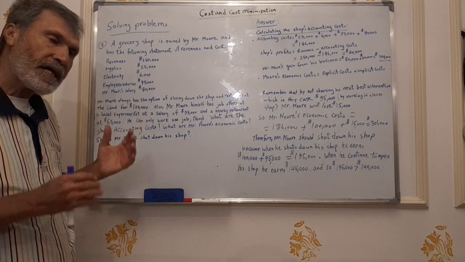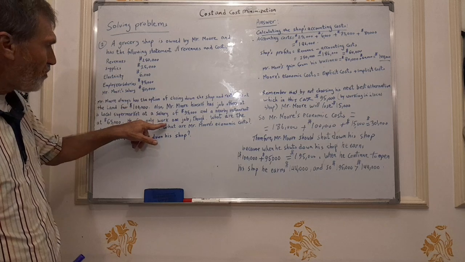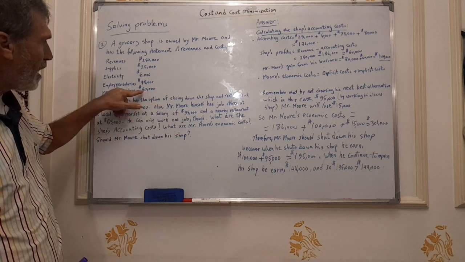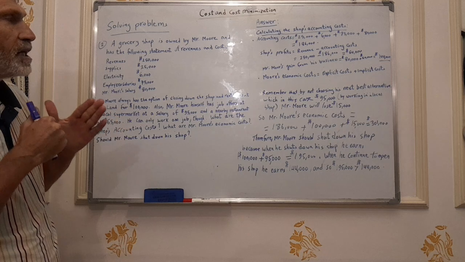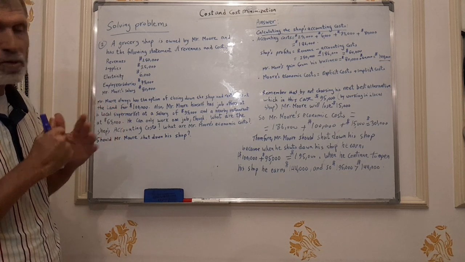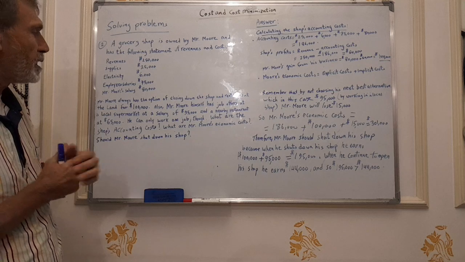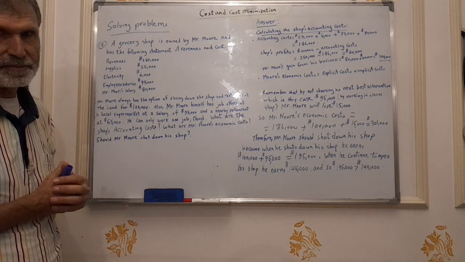However, in this case, he is getting a salary. He is getting $80,000. So the difference between $95,000 and $80,000 is how much Mr. Moore will lose by not choosing his best next alternative.